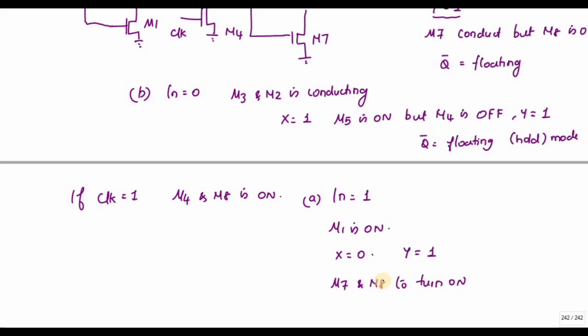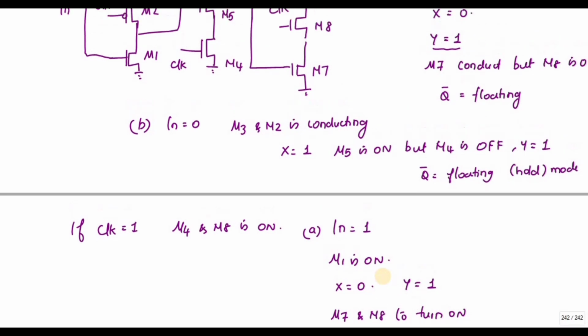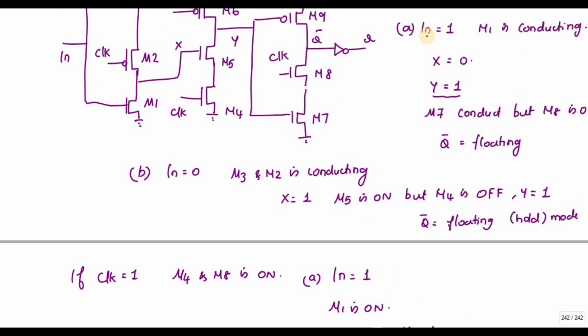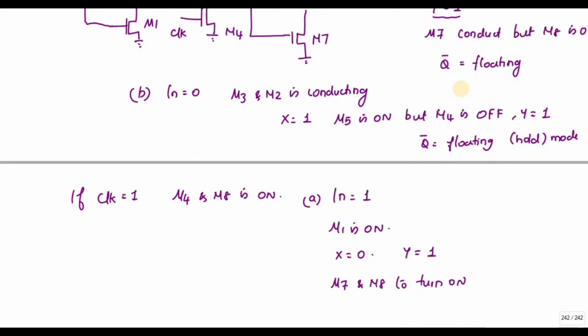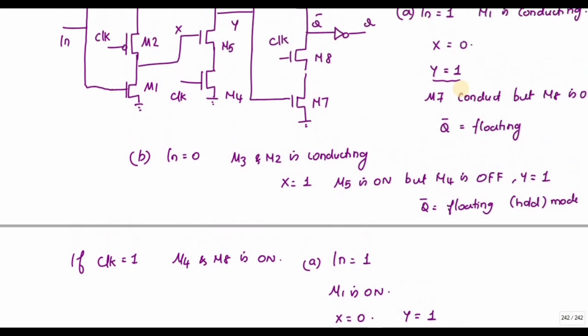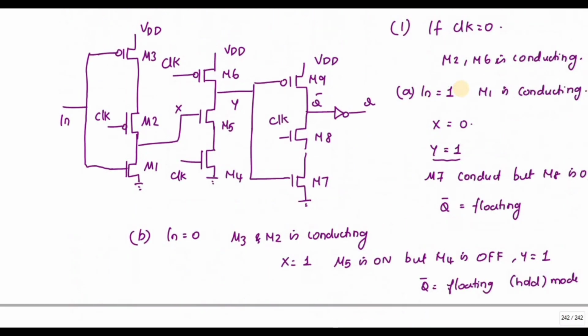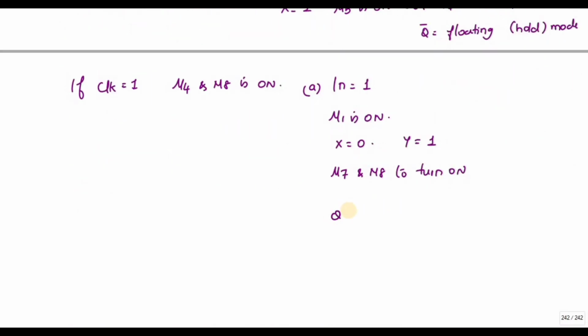Previously, if you see, the input value is 1 means Y becomes 1. So if Y is 1, M7 and M8 will turn on. Therefore, my Q bar is equal to 0, and the Q must be 1, that is equal to my input. So it will work as a positive register.